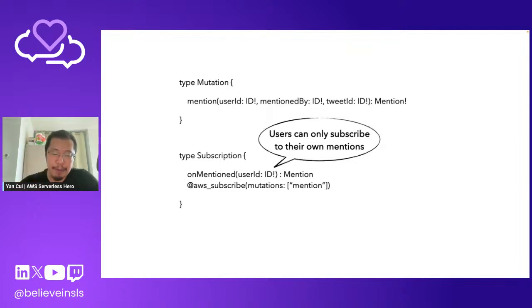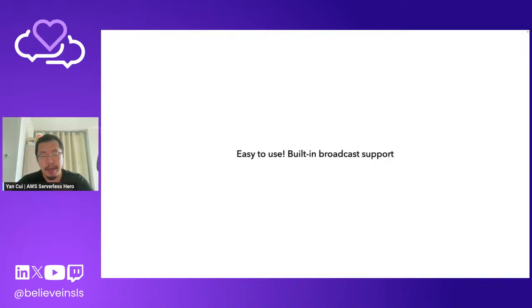You can do that by implementing a Lambda AppSync resolver, VTL resolver or JavaScript resolver, so that you check the user ID in this argument against the user's user ID as resolved by Cognito, for example. That way, when I try to make a subscription request to subscribe to the mentions for James, my request will fail because I'm going to fail the authentication check. The nice thing about AppSync subscriptions is that it's really easy to use.